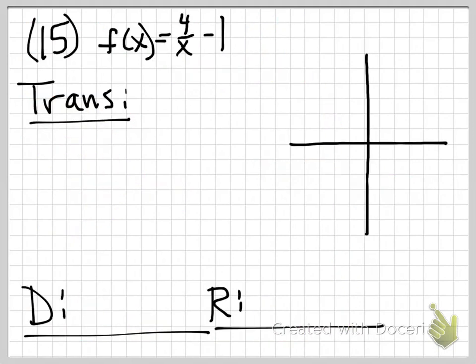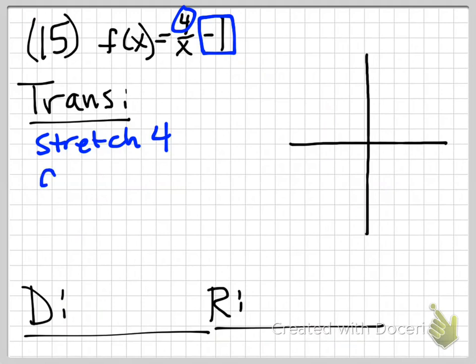For the next problem, we have 4, so it's a stretch of 4. There's not anything with x, so we don't have to worry about that. The -1 tells us down 1. So when I move down 1, that's going to be my new asymptote, and the y-axis was the other one.